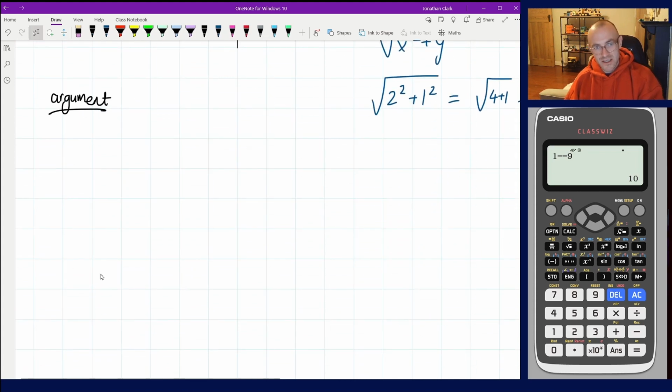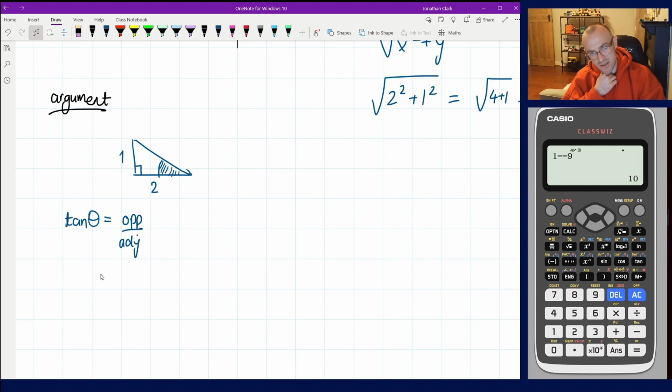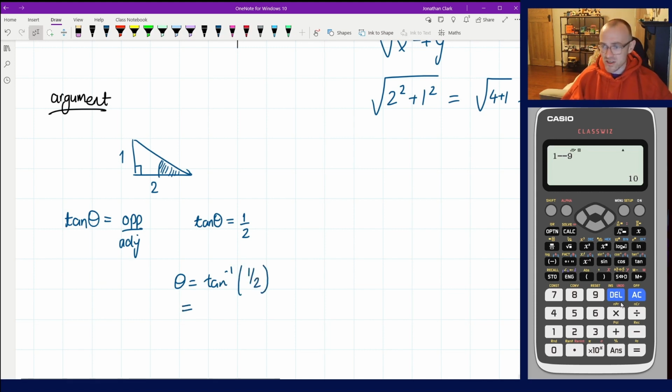What I'm going to do is just draw a smaller triangle. This side was 2, this side was 1. This is a situation where I can use trigonometry. Specifically, I can use tan because I know the opposite and adjacent. I'm going to get that tan theta is 1 over 2, and the angle is inverse tan of a half. And I can work this out.